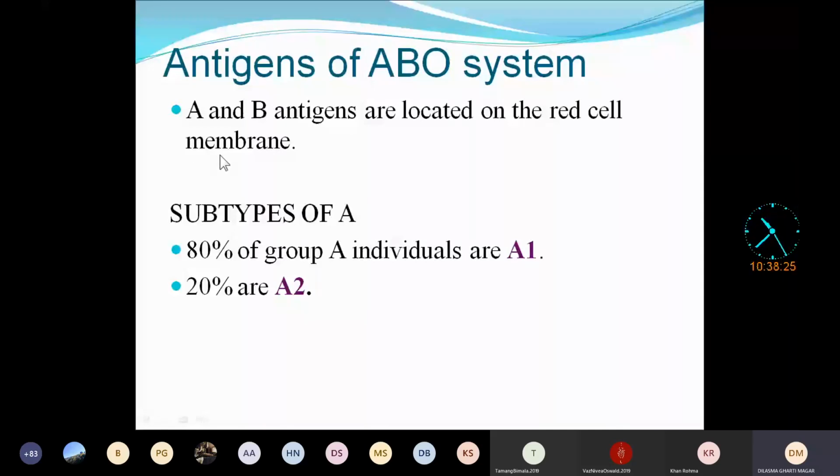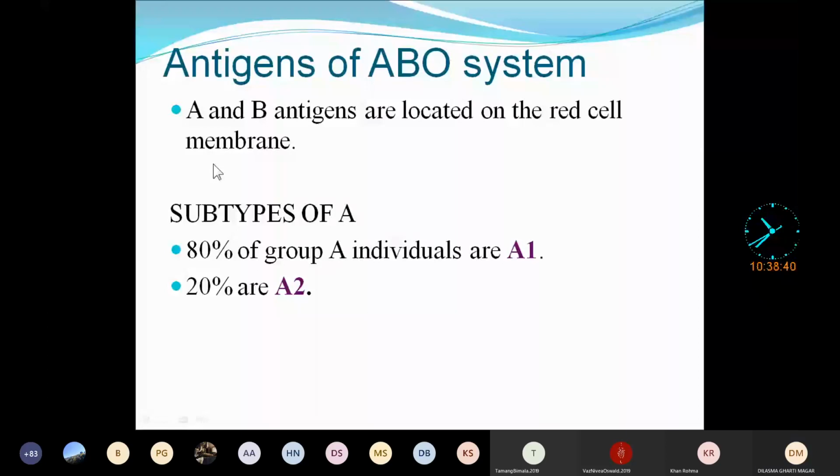So in that flexible, round RBC, there will be the A antigen and then the B antigen. These are located on the red cell membrane. Understood here? On the surface of the red cell membrane, or the RBC, there will be the A antigen and the B antigen.